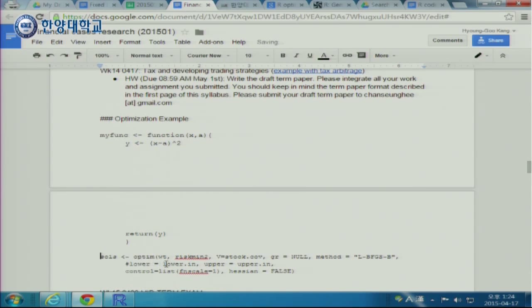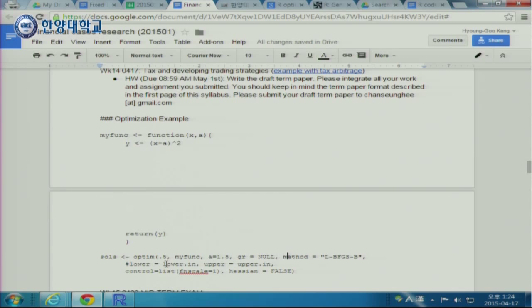Let's save the solution as source, and I run optim, and my initial value is, let's say, 0.5, and then my function, and then a, let me put a as 100, no, too large. Let me say a small number, like 1.5. Then the minimum occurs at 1.5, and gradient null.